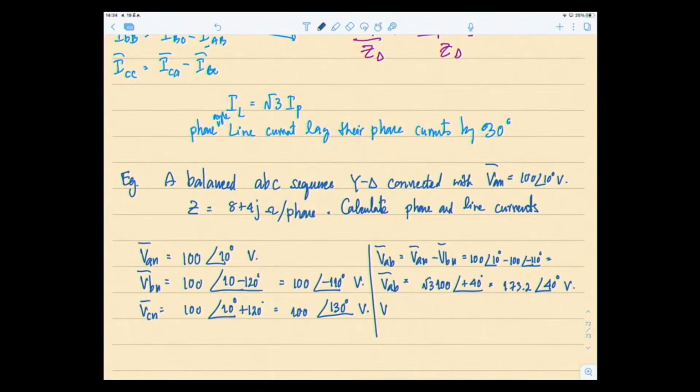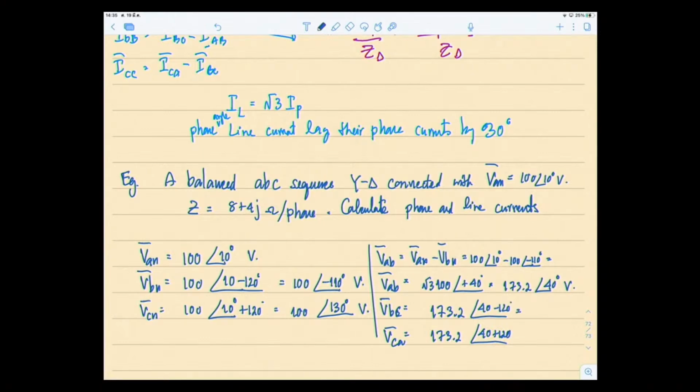So the next one, VBC, would be, the magnitude is the same, right? The angle would be 30 minus 120. And the next one, VCA, would be the same magnitude. The angle would be 30 plus 120.